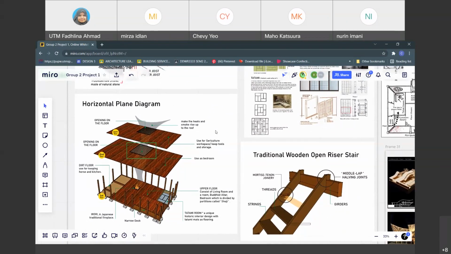And for the open register, I worry the others did not find the structure construction method, so I just try to give my opinion. I think it uses open register and mortise and joinery for the plate, and it connects to the girder through a middle lap joint.